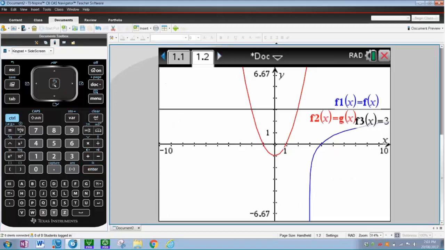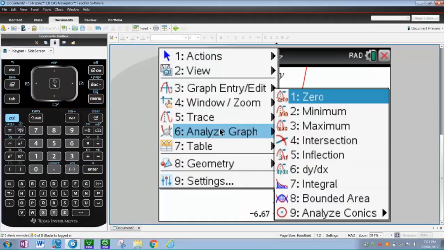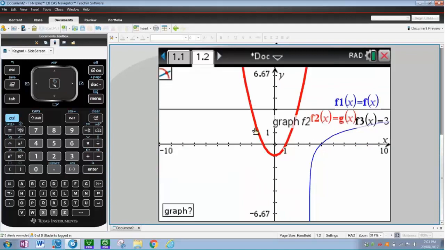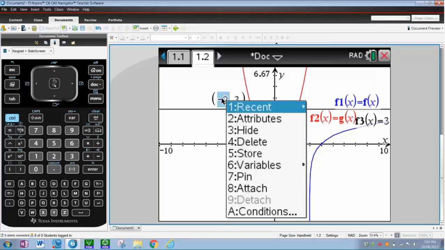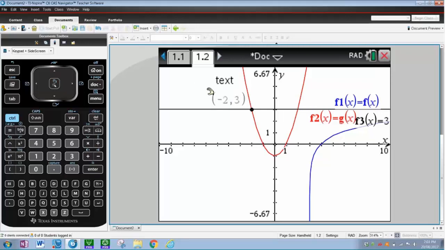We can verify that by finding the intersection of the black graph and the red graph. So menu, analyze, intersection. We want to intersect the graph of f3 and the graph of f2. The lower bound you can place anywhere to the left of the intersection point, and the upper bound anywhere to the right. As you can see, there's an intersection at x equals -2.